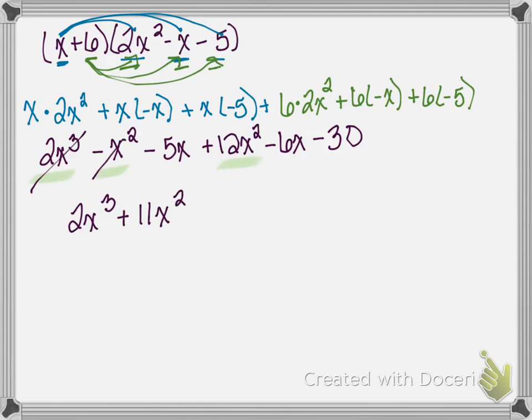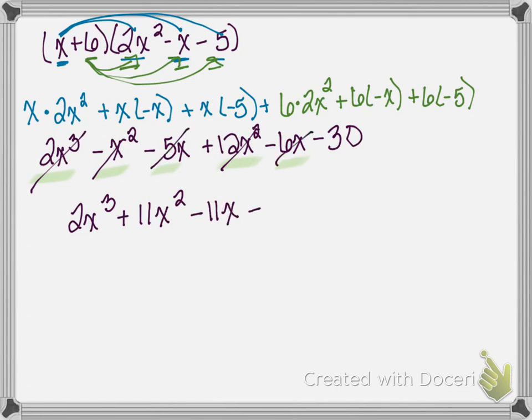And I like to mark these out, especially when I'm dealing with lots and lots of terms. Okay, so the next one, I've got negative 5x and negative 6x. That's going to give me negative 11x.